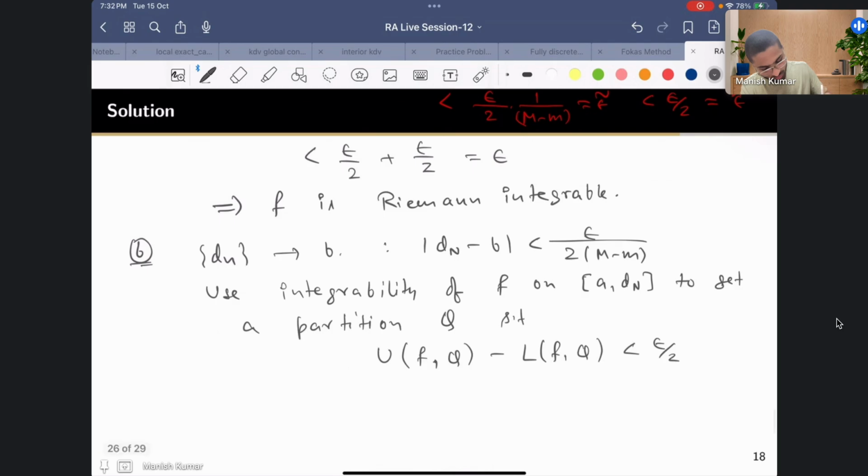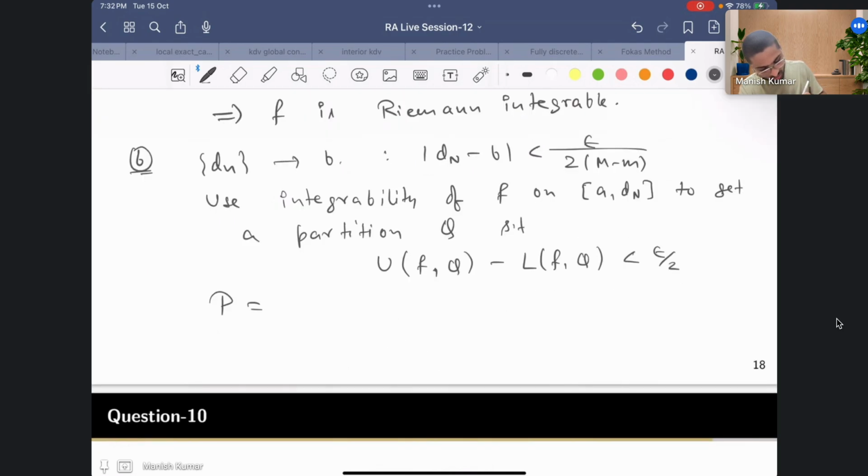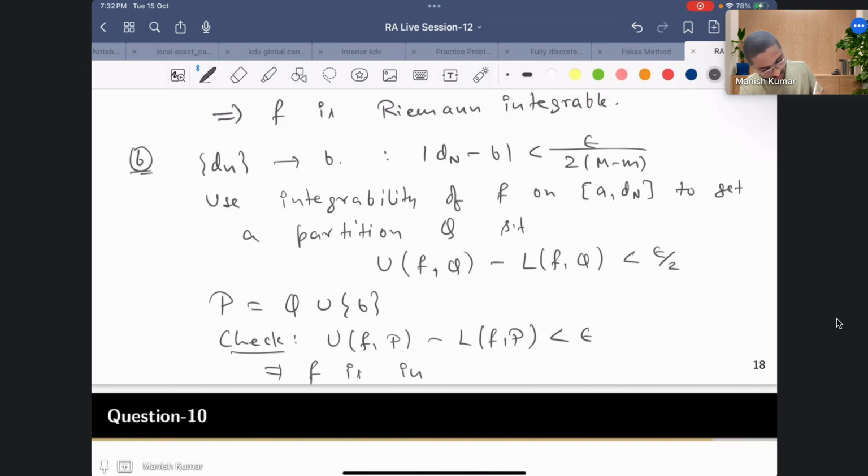You define a partition P which will be nothing but Q, and you just add B, then you check U f,P minus L f,P will be less than epsilon, and this will prove that f is integrable on AB.